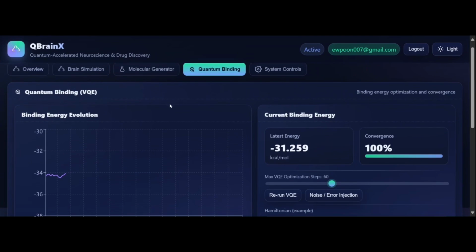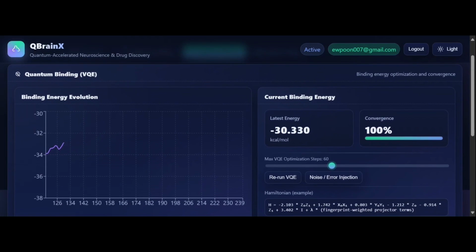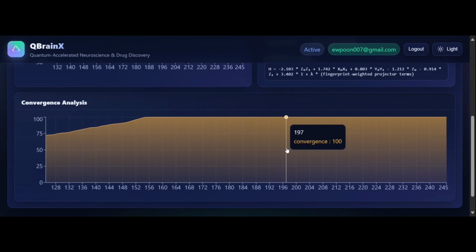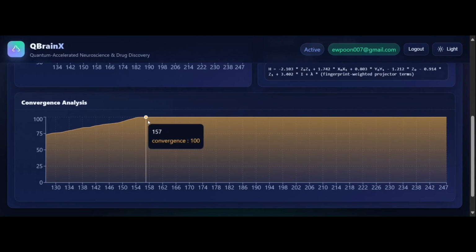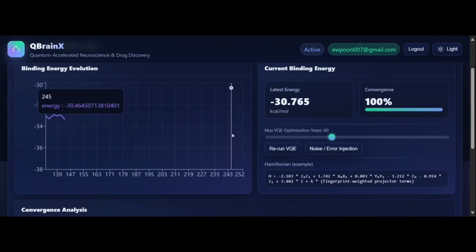Now let's go to the quantum binding, or the VQE. This was specifically found in the VQE simulation file, and essentially it's giving us the energy and the ground state for binding affinity, and we can rerun VQE and modify some of these steps, and we have these converge analysis where you can see it starts to level off here.